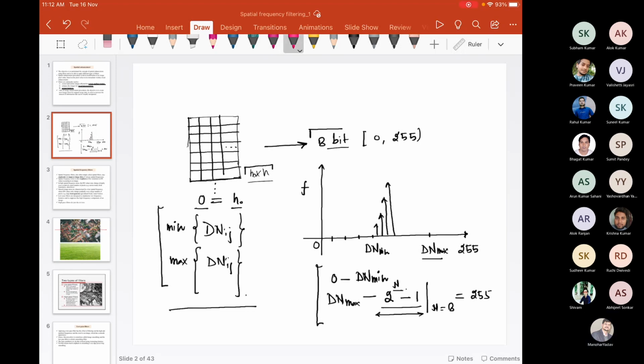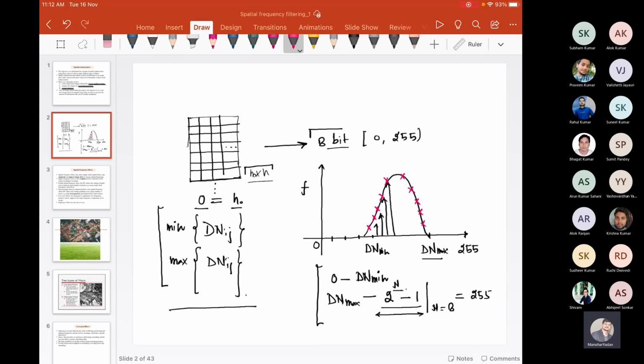Once you connect these points, these are the frequency values corresponding to the digital numbers.